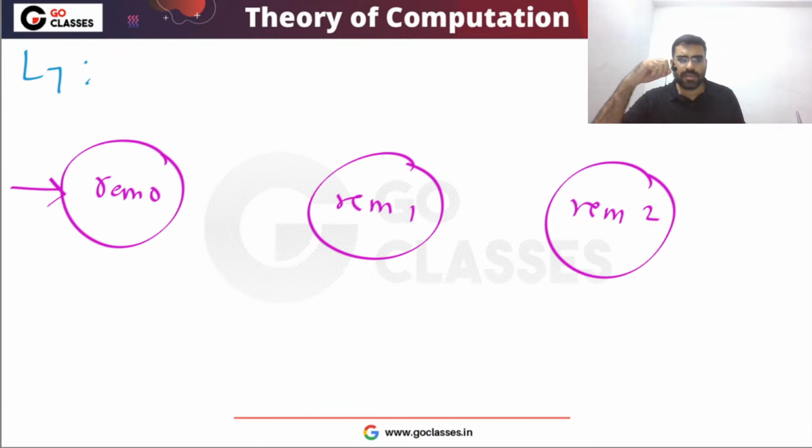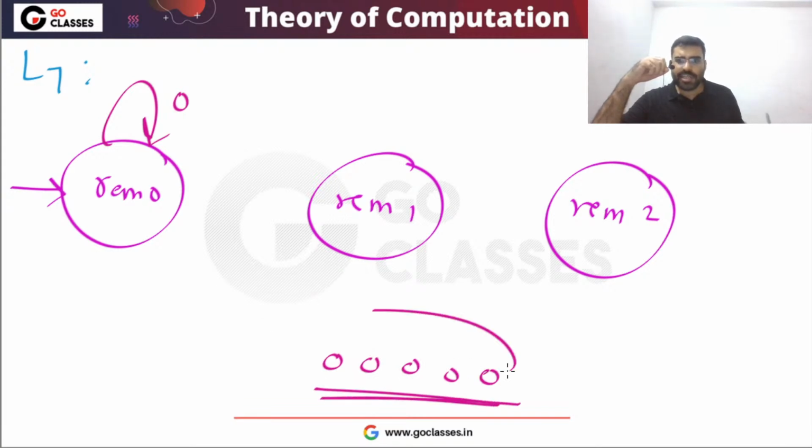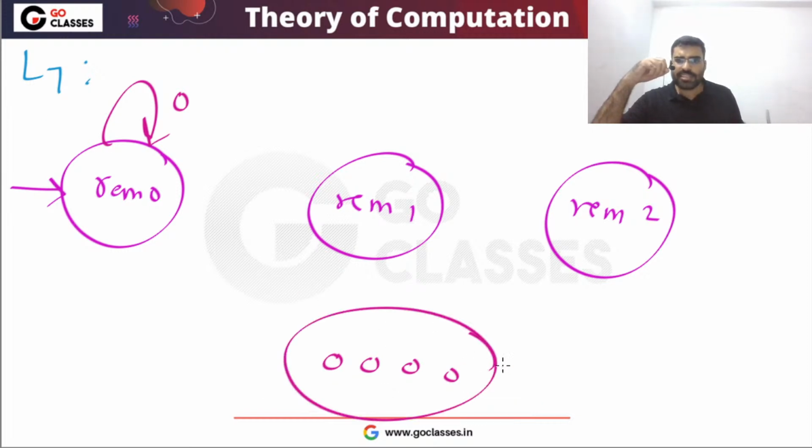Now if symbol 0 comes, if any number of 0s come, the decimal value will be 0, and when you divide by 3, the remainder will be 0. Yes or no?